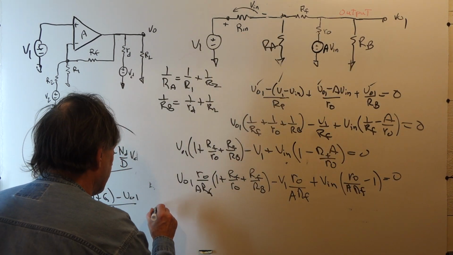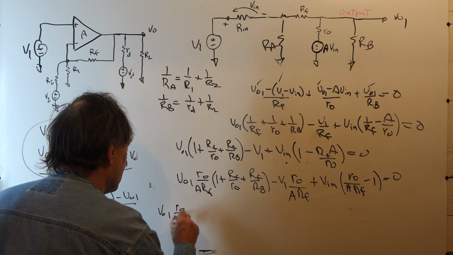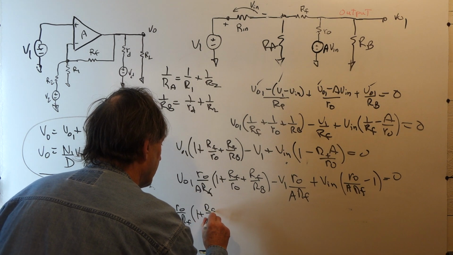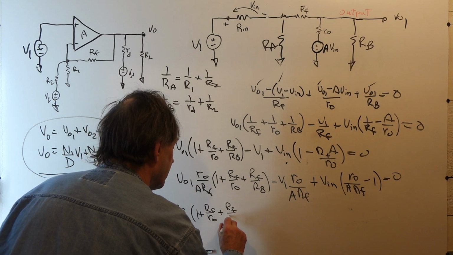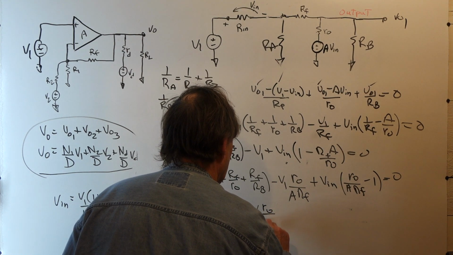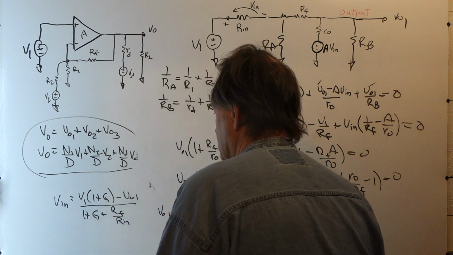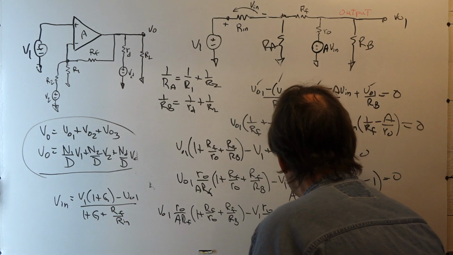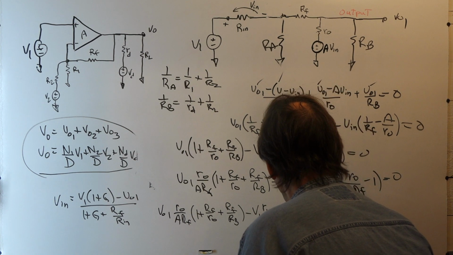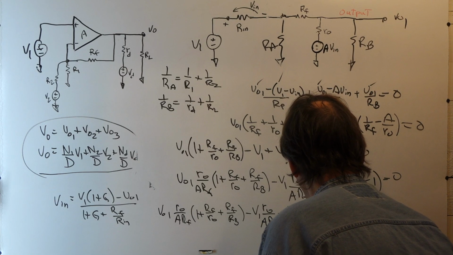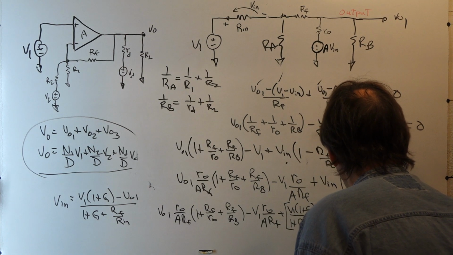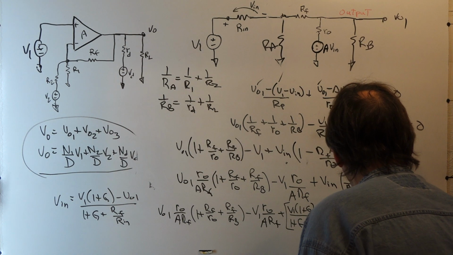This will now become VO1 R0 over ARF times 1 plus RF over R0 plus RF over RB, minus V1 R0 over ARF, plus our Vn, which is V1 over 1 plus G minus VO1 over 1 plus G times RF over Rn, and that quantity is times R0 over ARF minus 1.